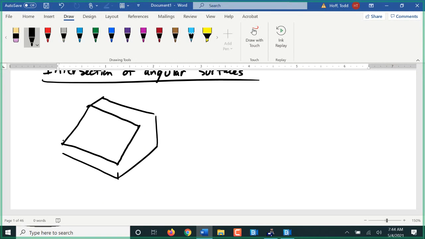So what we have done here is we have created one angular surface. Next, we're going to mill the other direction here. We're going to mill from here to here. We're going to cut that surface off. Obviously, this will come this way.